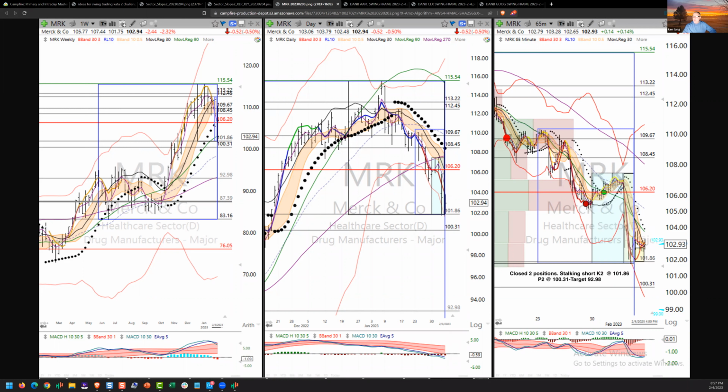Now what I want you to notice is that the very place that you put that second position on is a critical state. It's already out here by the Z3 lines. It's had 1, 2, 3 significant moves down on the 65-minute, excuse me. And it had collapsed out of this move down, and right in here it was poised for big collapse.